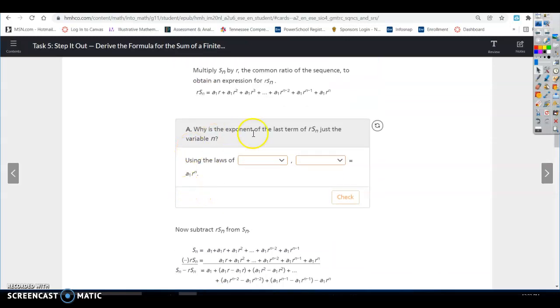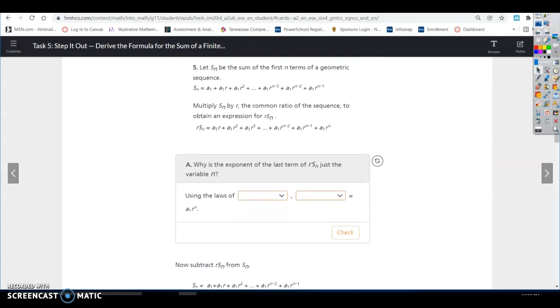Alright, so it says, why is the exponent of the last term in r times S of n just a variable n? Alright, so that's just properties of exponents.